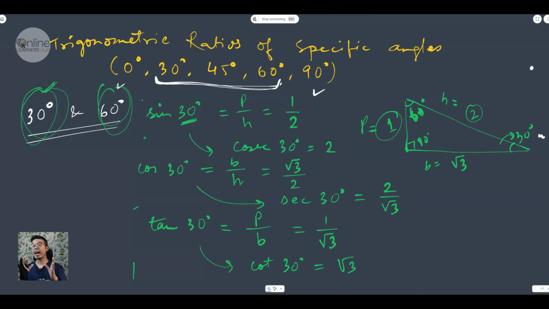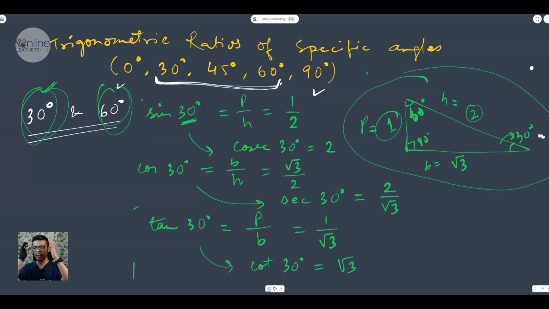I will not encourage you to memorize the table. You might have learned it, but it's very easy to forget and very easy to confuse, very easy to jumble up the values. So I would suggest you always make a picture of this triangle in your mind. Then find the value, which will be 100% accurate, and you will never go wrong.